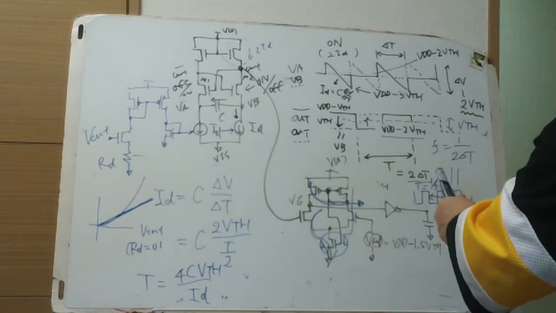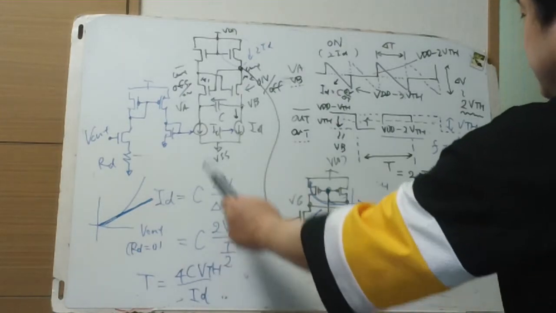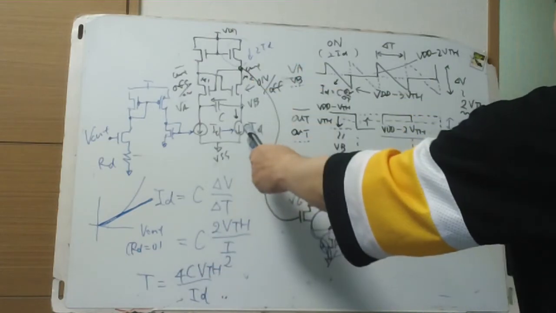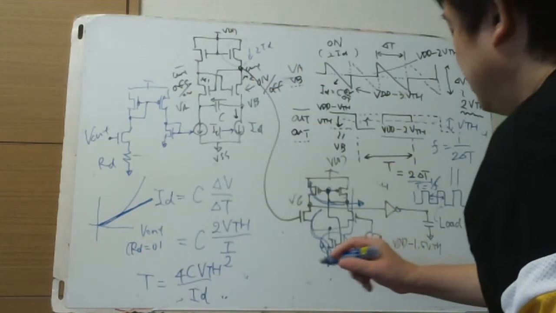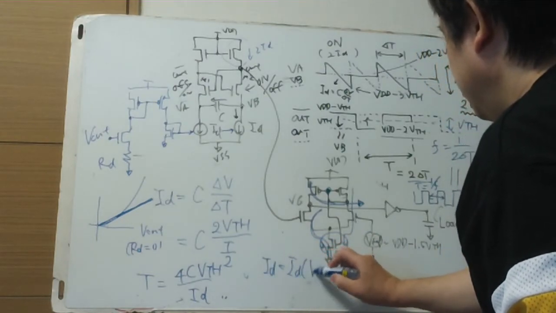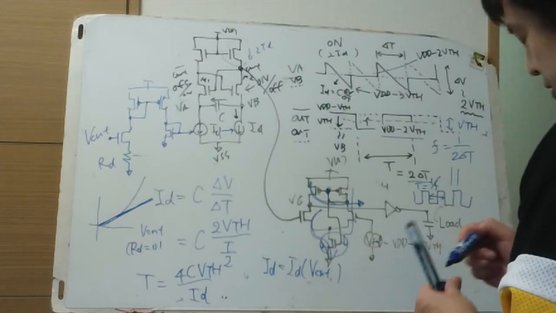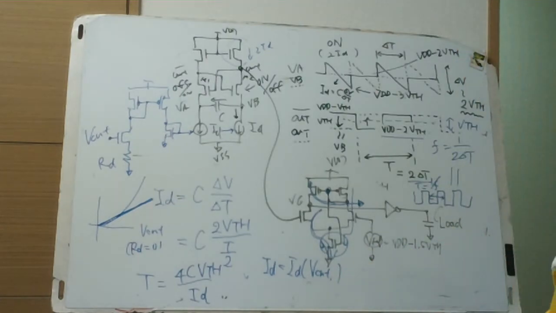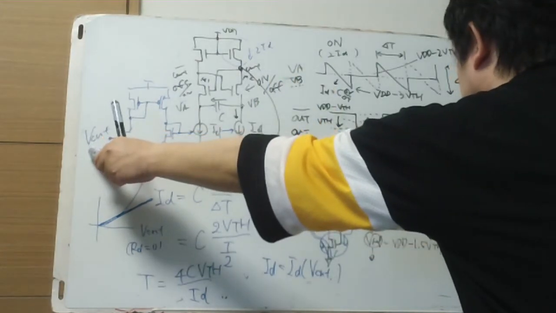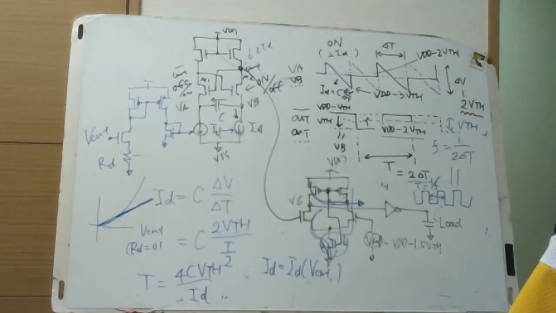1 over F equals 4C times VTH of the N channel divided by this ID bias. Control ID is defined by V control linearly, approximately in a linear range of V cont.